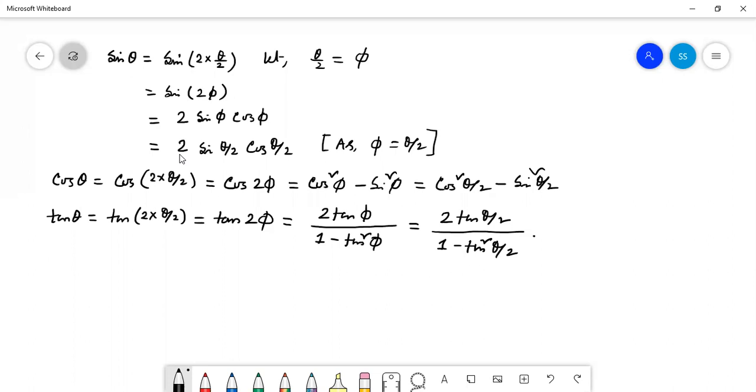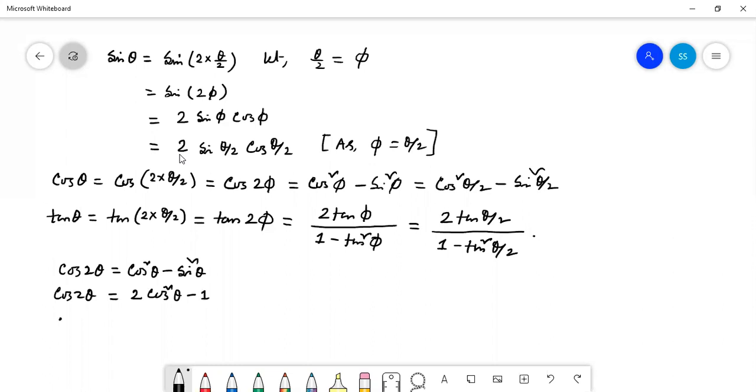Now for cos theta, we know another value of cos 2 theta. For cos 2 theta, there are 4 formulas. Number 1, cos square theta minus sin square theta. Again, cos 2 theta can be written as 2 cos square theta minus 1.